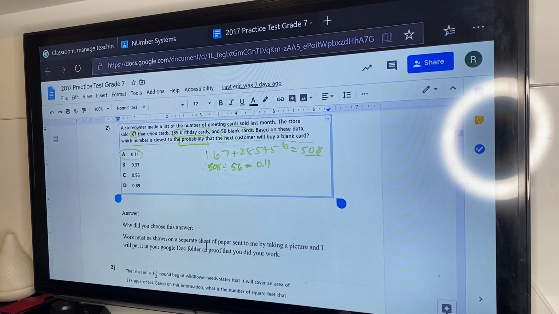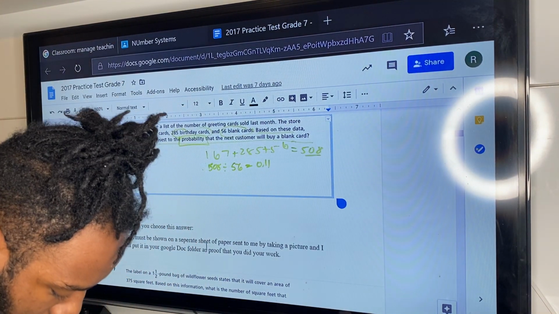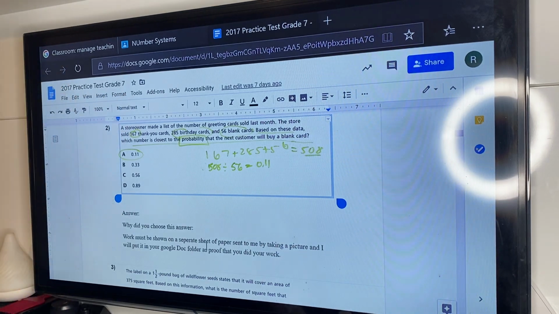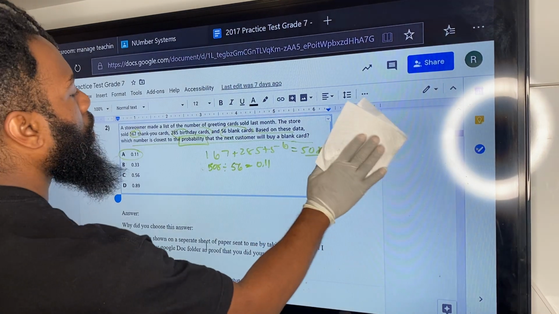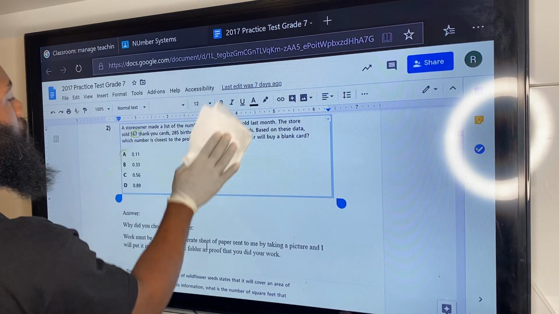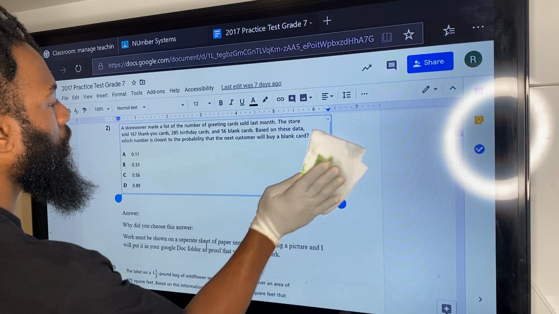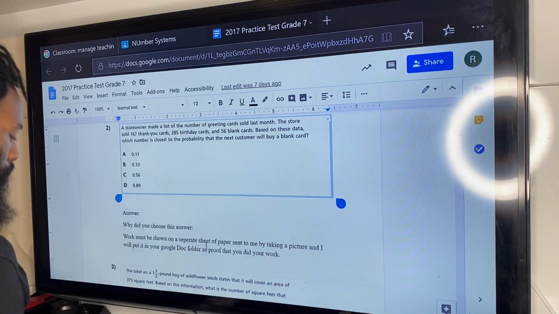It's like an episode right here. All right. Get right into it. All right. So one wipe here, another wipe there. We're good to go. All right.